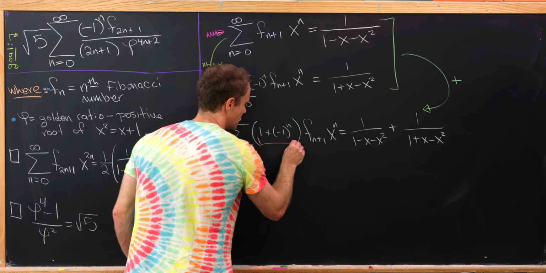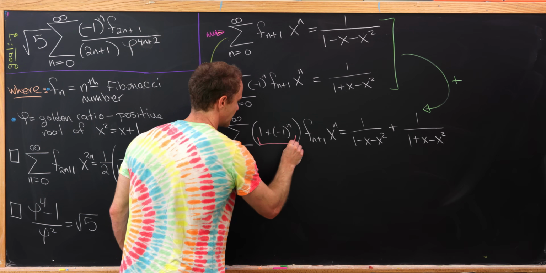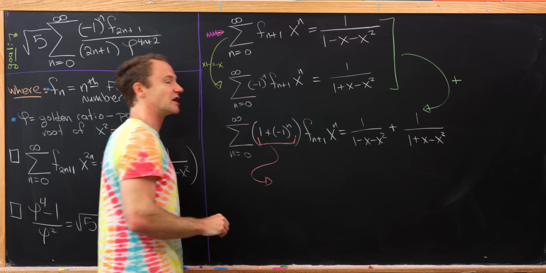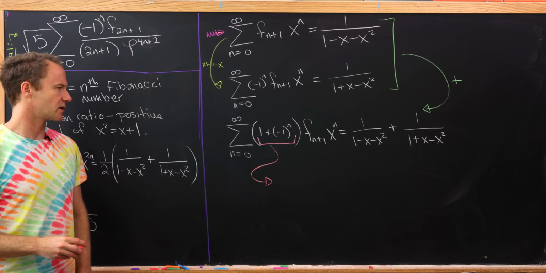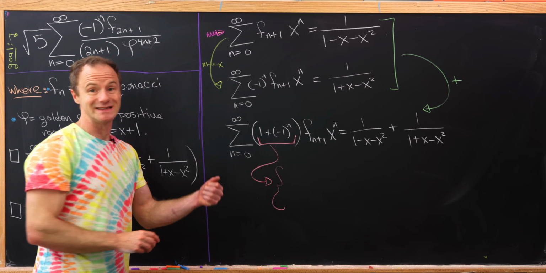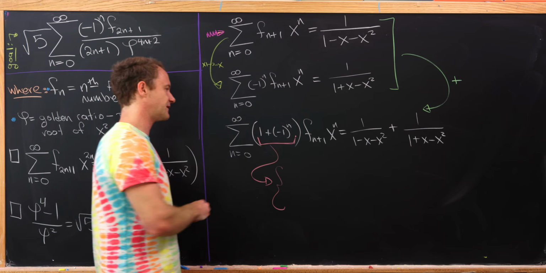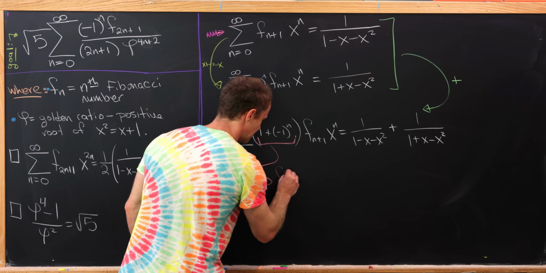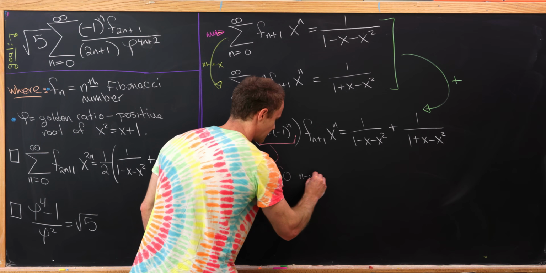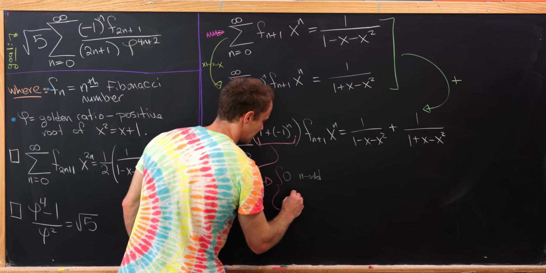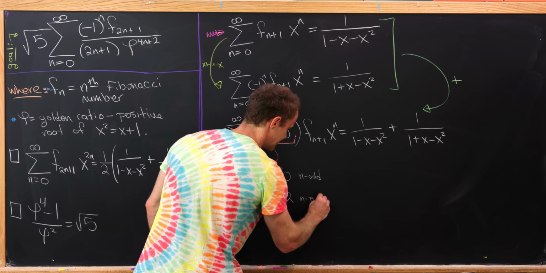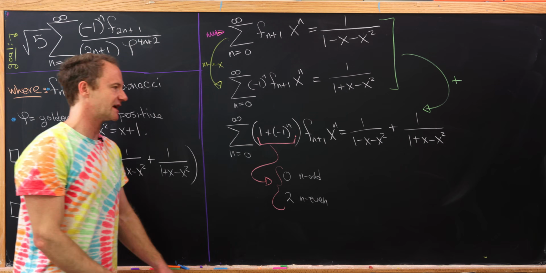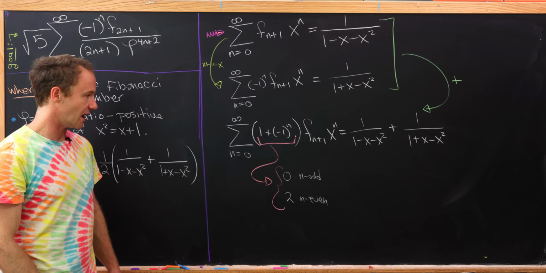And let's note that this is maybe a choice function, or maybe a question function, of: are you even or are you odd? So is n even or is n odd? So in fact, what we get here is this collapses to 0 if n is odd, but this collapses to 2 if n is even. It's just a matter of that canceling each other out or doubling up.